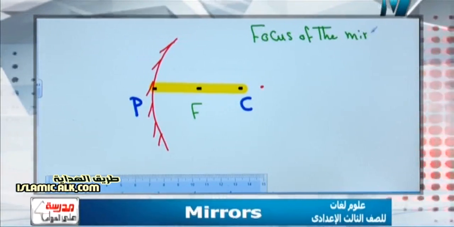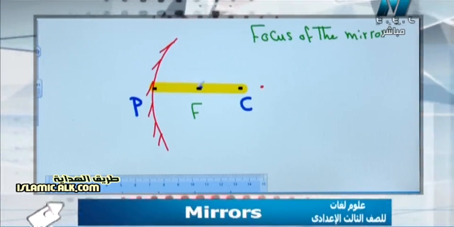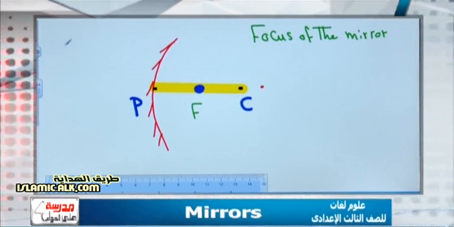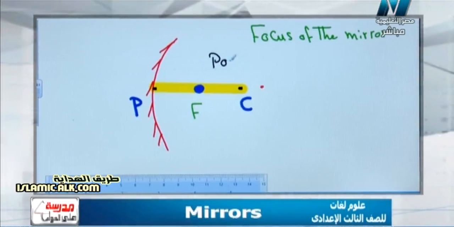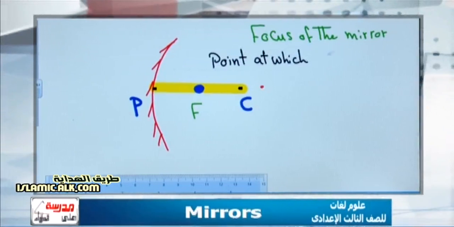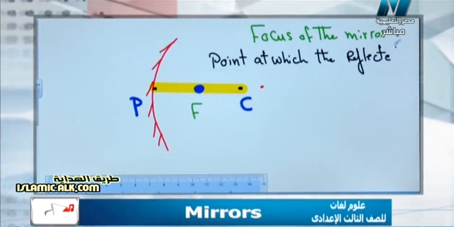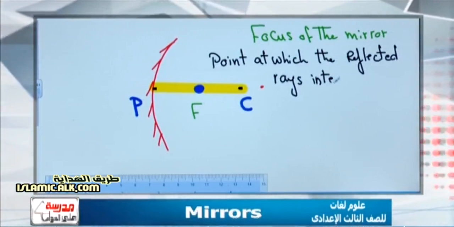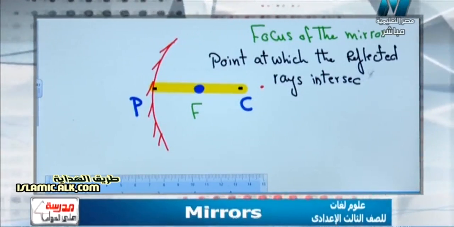What is meant by focus of the mirror? I say it is a point. Do I just say between C and P? No, it has a definition we must state. It is a point at which the reflected rays intersect, or the point of intersection of the reflected light rays.